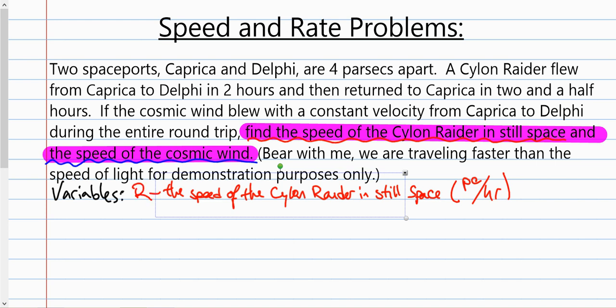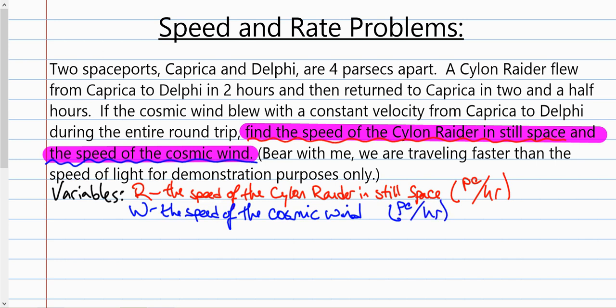So for us, I'm going to let R be the speed of the Cylon radar, and then W will be the speed of the cosmic wind. This way I don't get confused by my C, wondering which one that belongs to. So this will be the speed of the cosmic wind, and this is also in parsecs per hour.